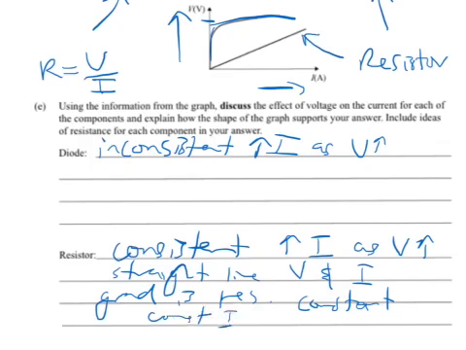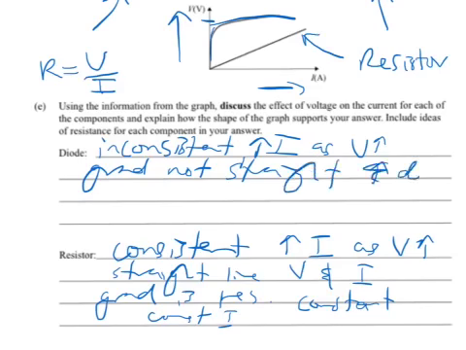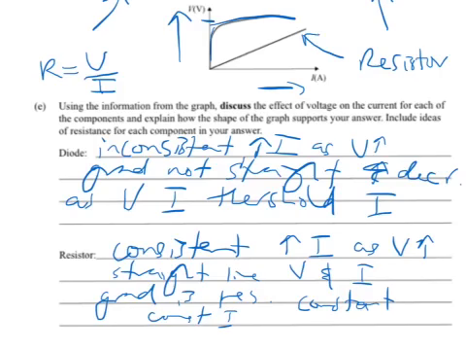Now for the diode, you can talk about the gradient not being straight. In fact, the gradient increases as voltage increases once you get over that threshold voltage, and since you're decreasing resistance, current will increase as well.